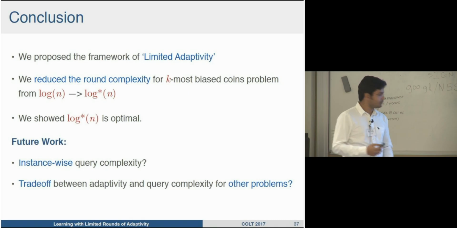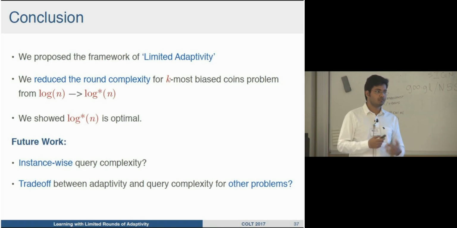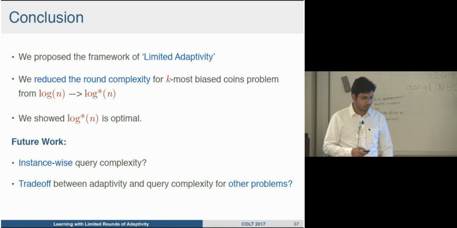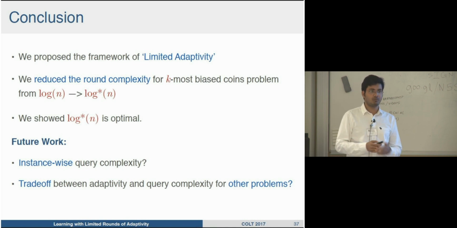Now, as a direction of future work, we would like to study this problem for instance-wise query complexity. There has been a lot of work in the multi-armed bandit literature on instance-wise problems, where the problem is parameterized by more gap parameters.